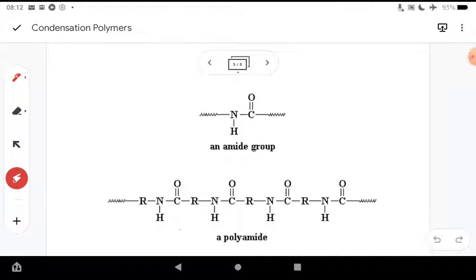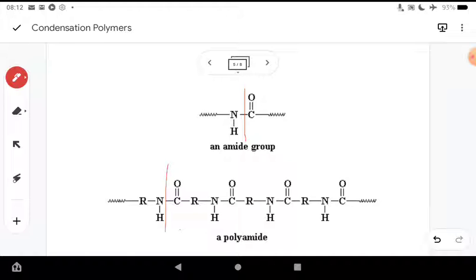Now, if I go the other way, this is an amide group, so this is an amide bond, and there it is. Now, as a result, I've got a polymer chain, and I need to figure out where the monomer is. So I'm going to take that amide group and break it down the middle. And the same with the ester group: I would break it next to the carbon with the double bond oxygen.